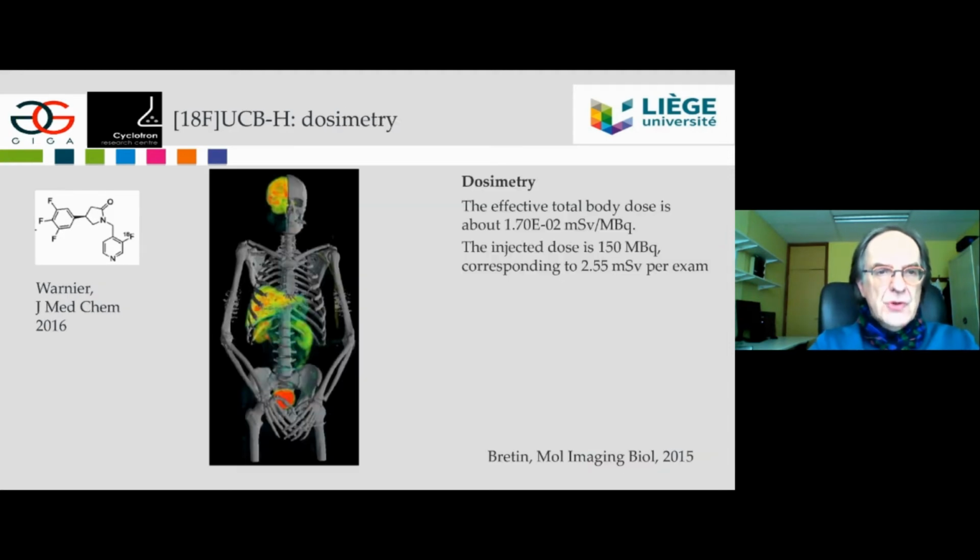So far, so good. And then, because it was acceptable in preclinical imaging, we had to demonstrate that we could use a tracer in human. And so that was a first time in human study where what you wish is to get dosimetry.